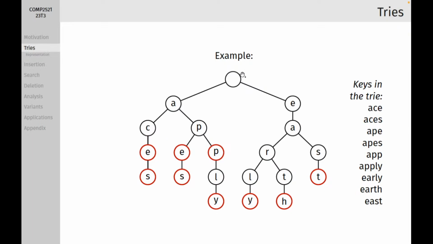Whereas the key ear is not in the trie, because even though we have a path E, A, R, the last node R is not marked as a finishing node. So these are the keys that are in the trie: ace, aces, ape, apes, app, apply, then early, earth, and east.